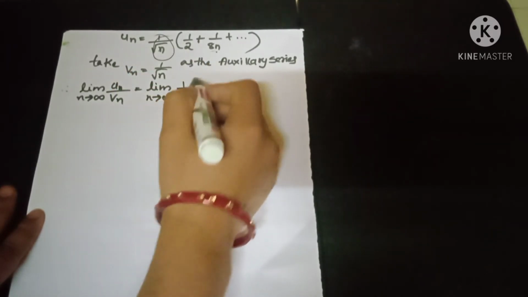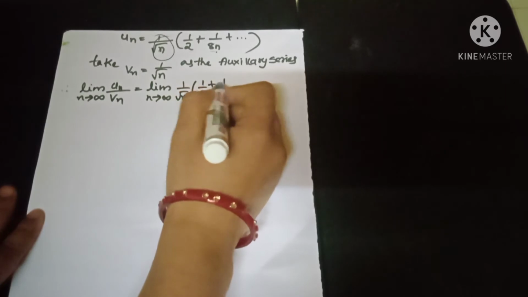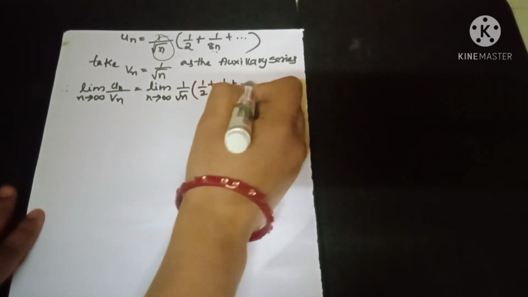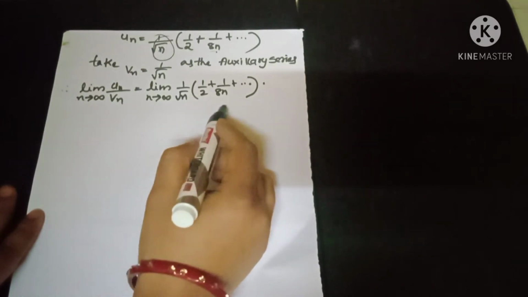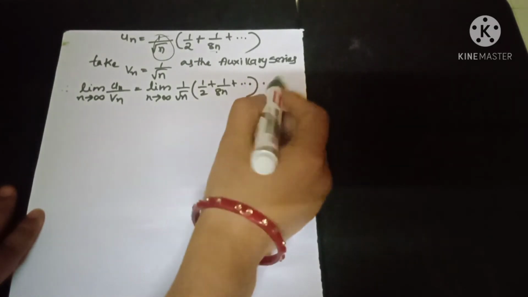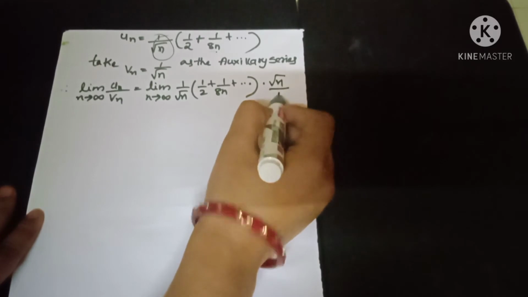Therefore, what will be the limit as n tends to infinity of un by Vn? This will be the limit of un, which is 1 by root n into 1 by 2 plus 1 by 8n plus etc., into Vn divided by 1 by root n, that is root n goes to the numerator, root n by 1.